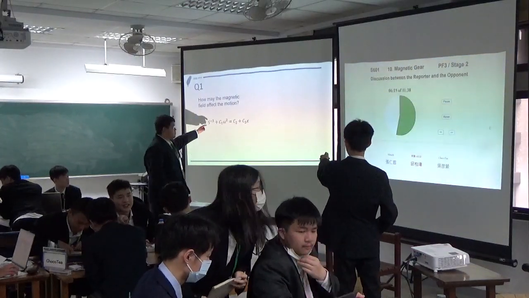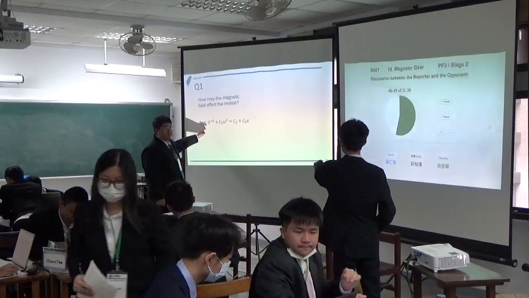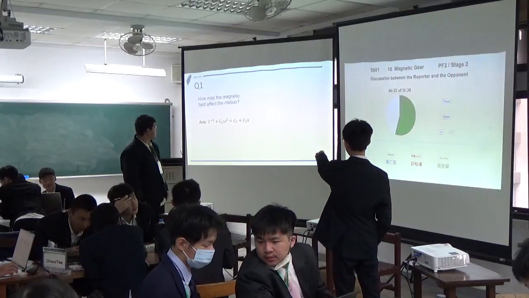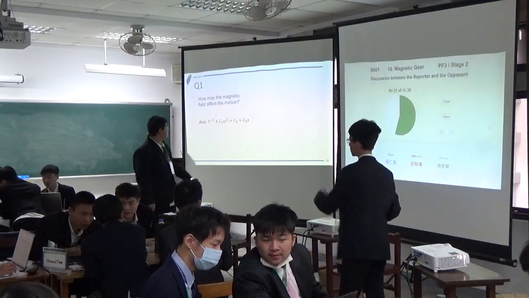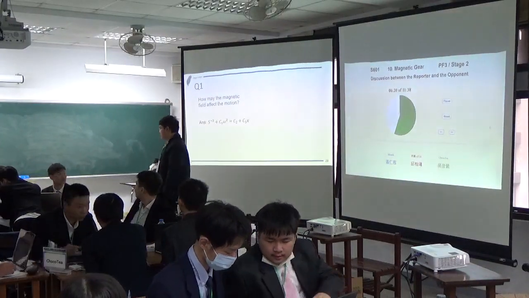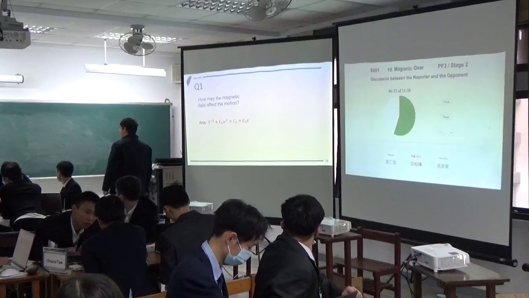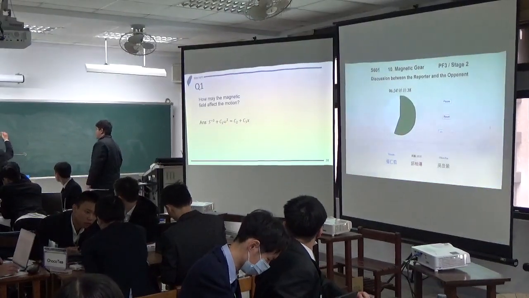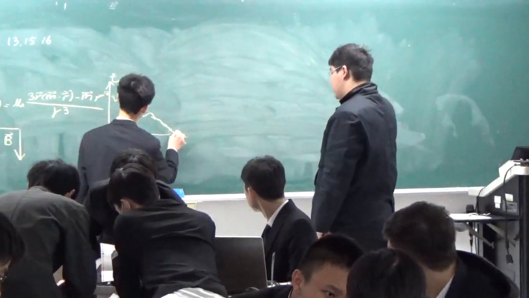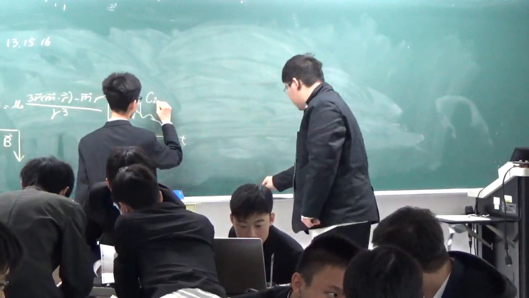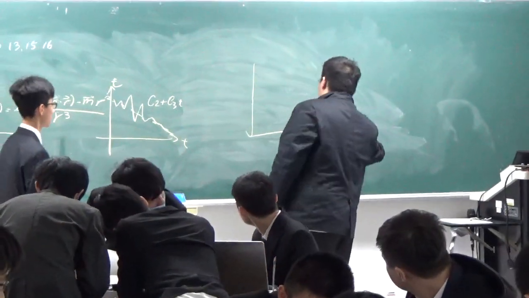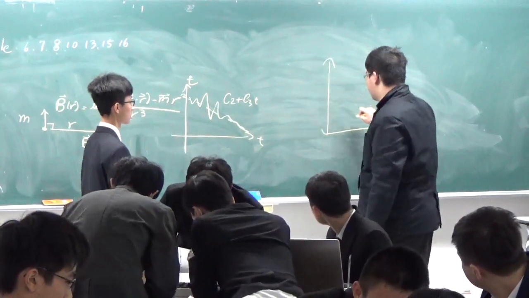This should be t, not x, because this is your energy in time. It's like this, and you draw a line, and you may think it's like this, right? If the function is like that, it's almost straight.